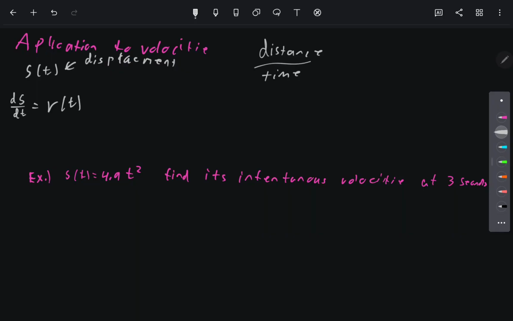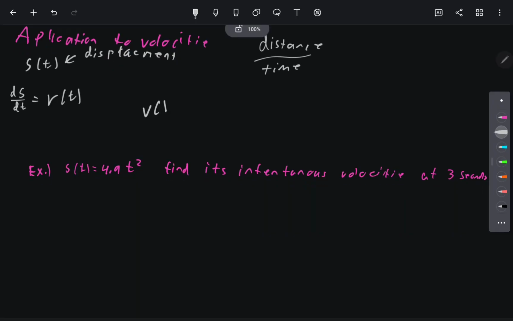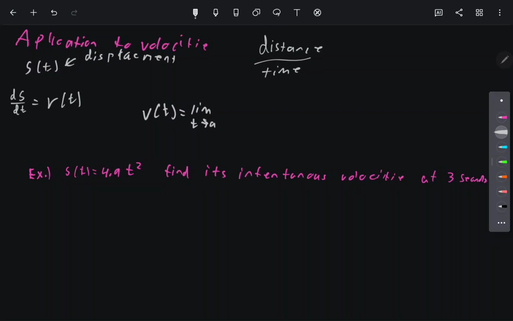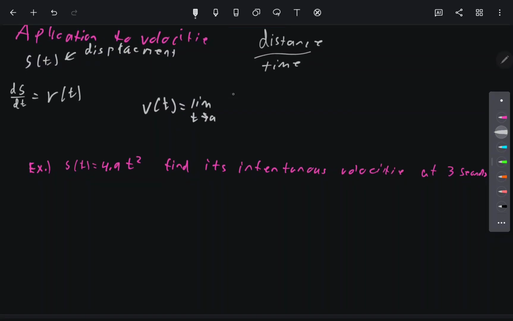So we know how to find a derivative. So let's define velocity. Velocity of t is a limit as t approaches a of, let's say, s of t minus s of a all over t minus a.